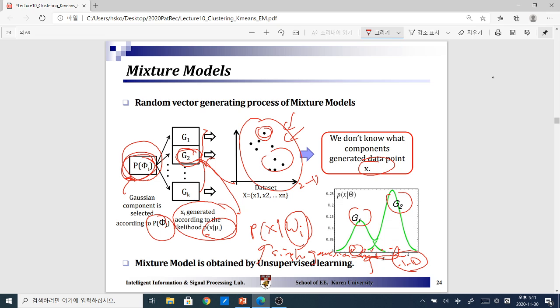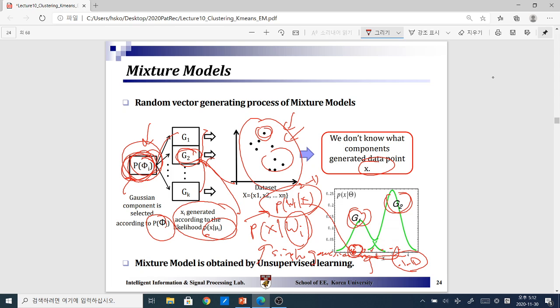What we want to do is assign each sample and compute its posterior probability.